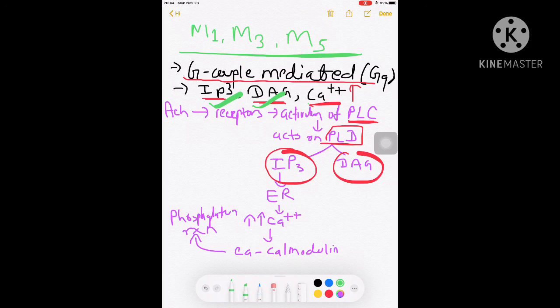This complex activates calcium calmodulin kinase, which can phosphorylate other proteins and cation channels, meaning there will be increased formation of other proteins and cation channels.